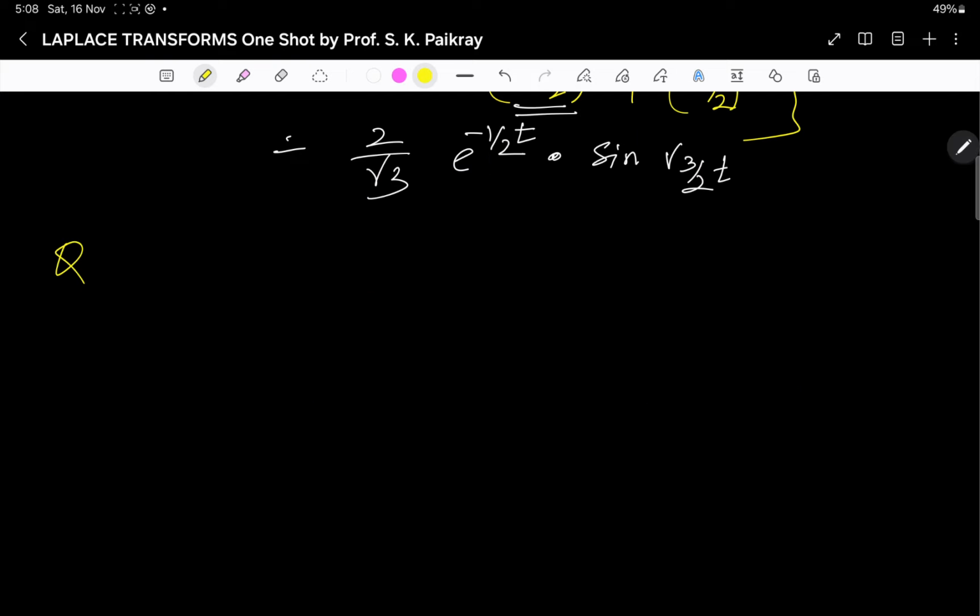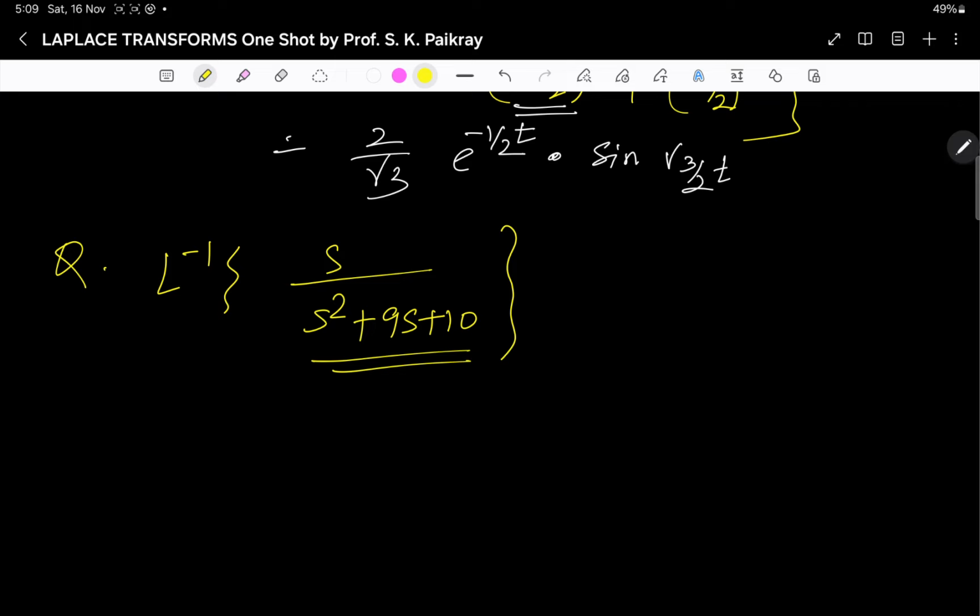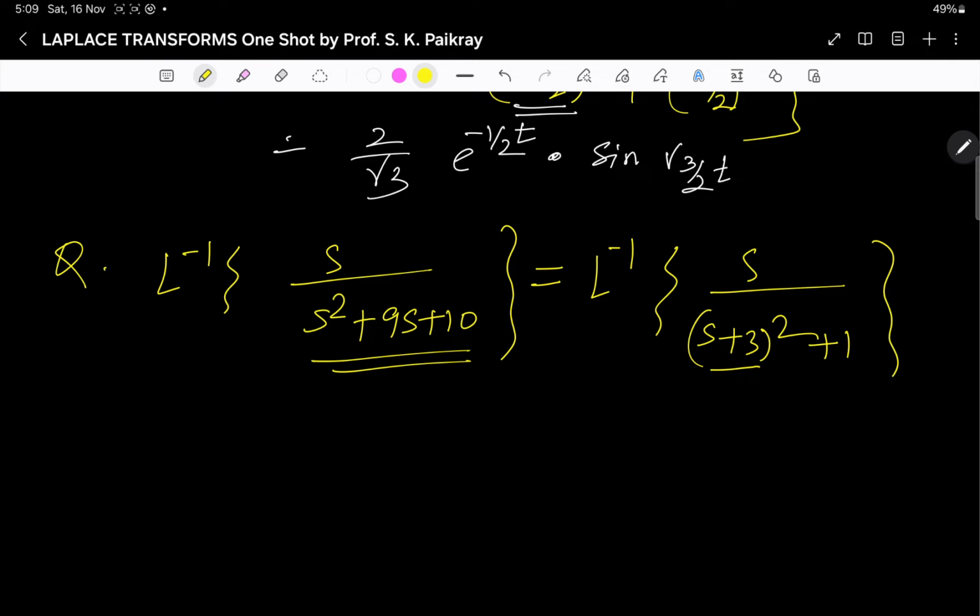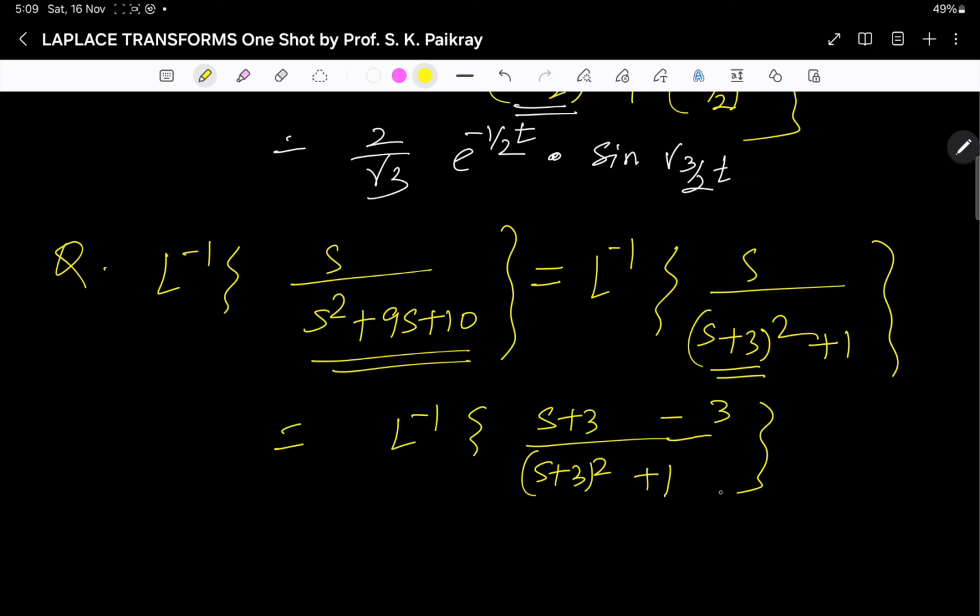One more example I ask, find the Laplace inverse of, suppose, s by s square plus 6s plus 10. You see, similarly the denominator cannot be factorized, so we think of the shifting. So this is my s by (s plus 3) whole square plus 1. Since in the denominator it is s plus 3, in the numerator also we need s plus 3, so it will be s plus 3 by (s plus 3) square plus 1. To balance it, I subtract a 3 here, then I separate them out.